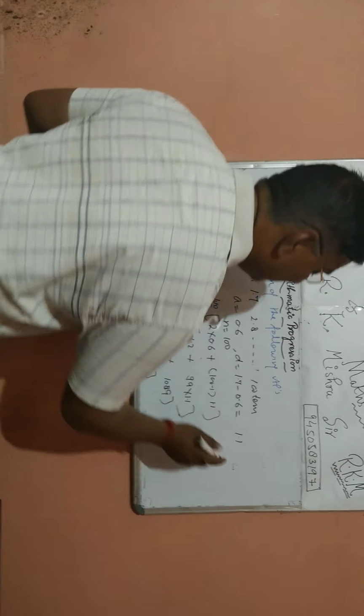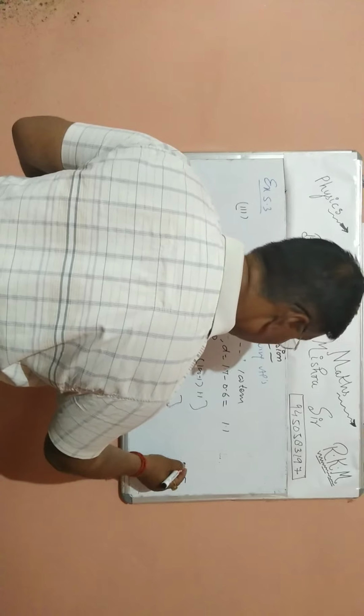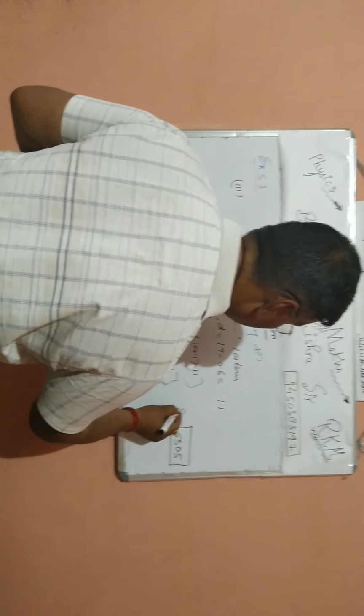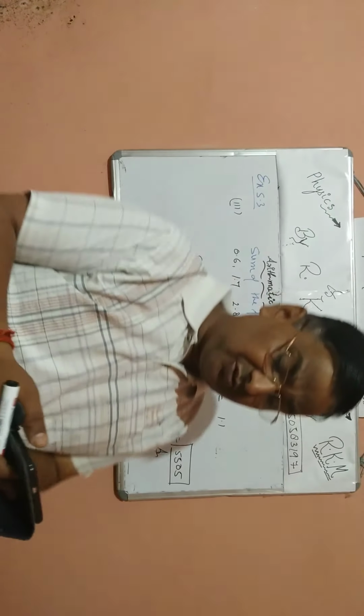Now multiply by 50, that gives 5505. That is the answer. So you can find the sum of n terms of AP.